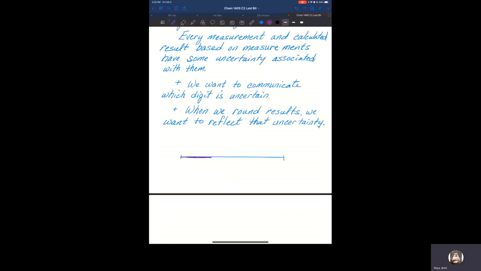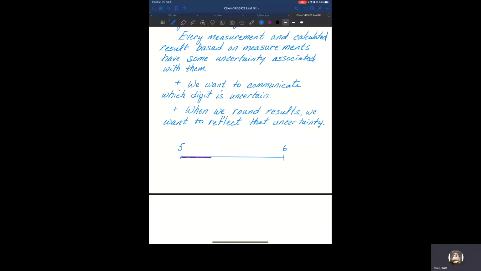And for this exercise, I'm not concerned at all with the unit. It's just some measurement, okay? And I've chopped out the rest of this measuring device. What do we know?